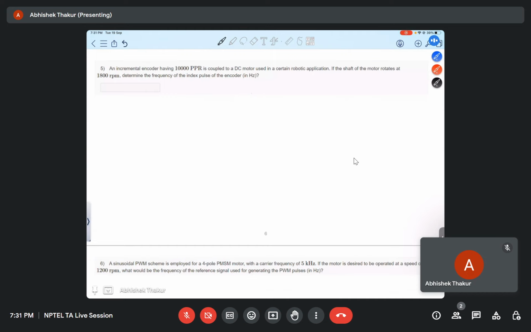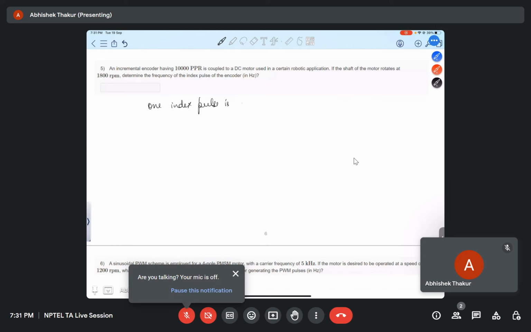If the shaft of the motor rotates at 1800 rotations per minute, determine the frequency of the index pulse of the encoder in hertz. So one index pulse is generated in one revolution.